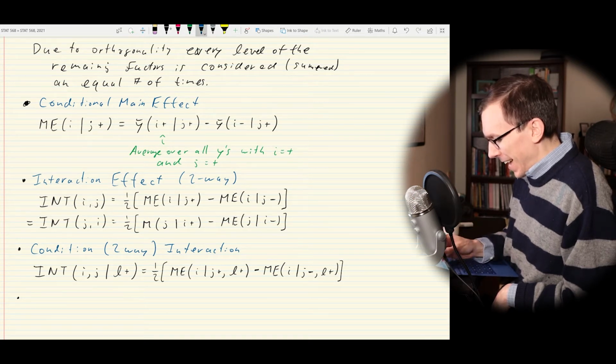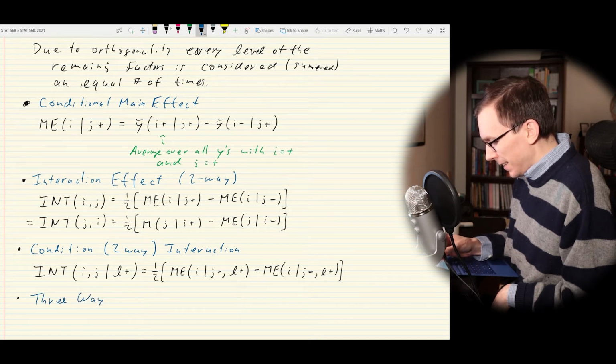Let's say, and then we have the three-way interaction.